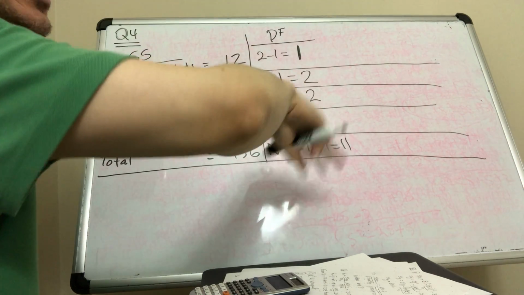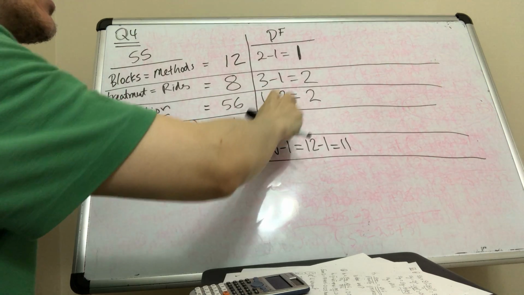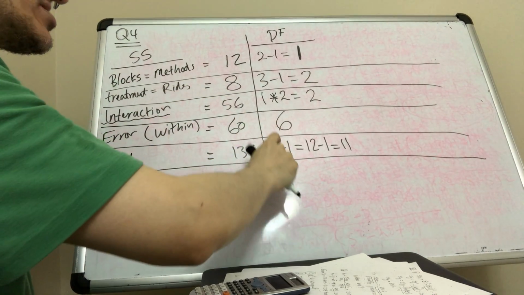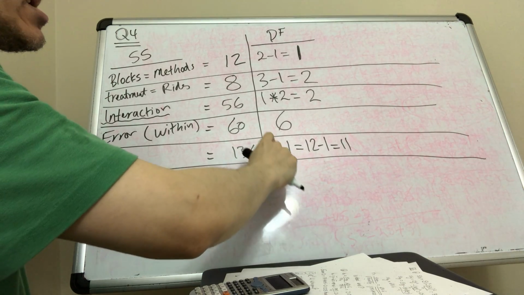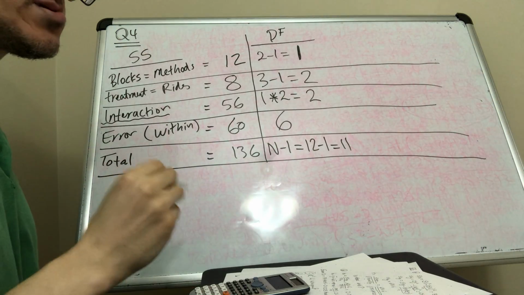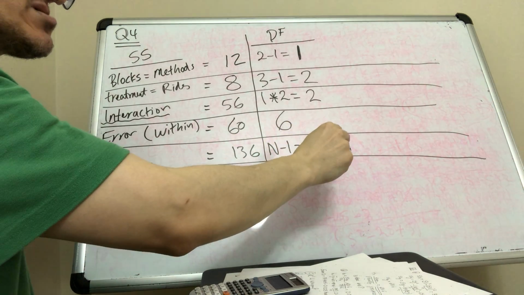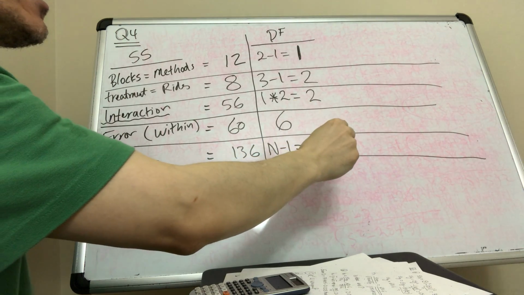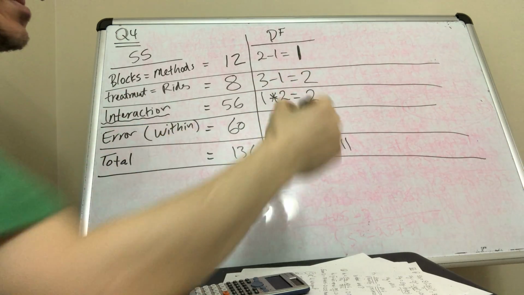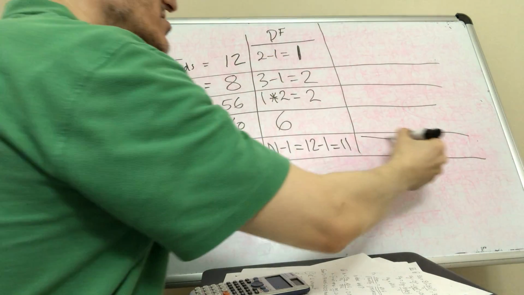How many rides? We have 3. 3 minus 1, 2. For the interaction, we multiply them. We don't do this one, we go to this one. Capital N minus 1, number of entries minus 1. There are 12 entries, or 12 numbers, minus 1, 11. And if they all add to 11, then 11 minus this gives you this. We don't need this anymore.